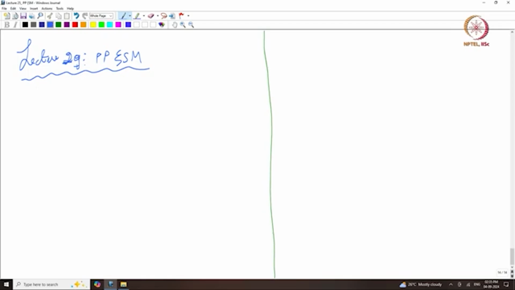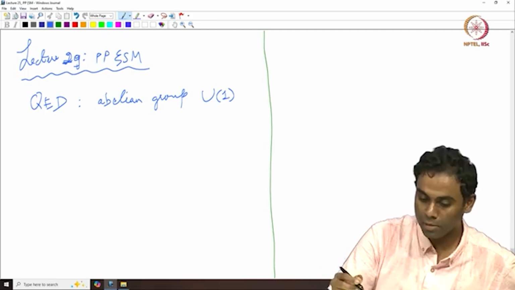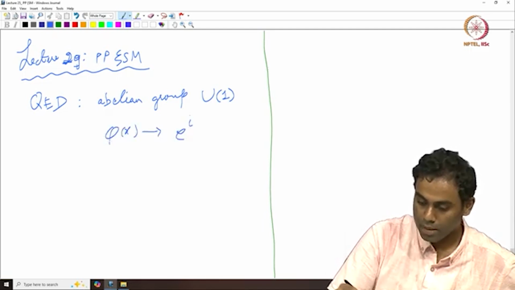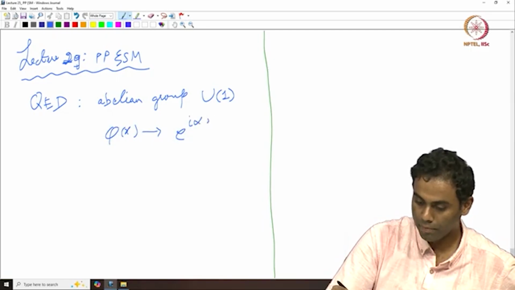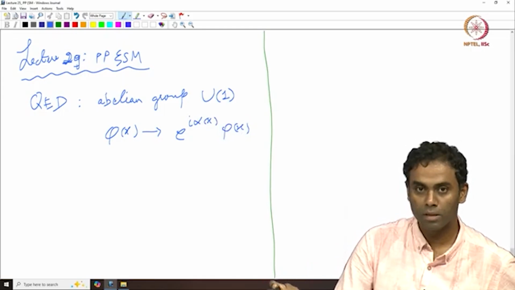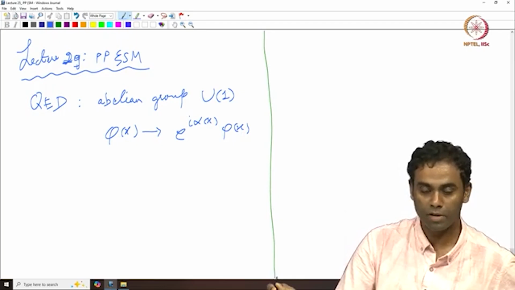What we've seen thus far as QED corresponded to gauge invariance under an abelian group. What is that group? We saw this in the very first lectures. That's nothing but U1, the unitary group of one dimension. This is exactly why we were able to do simple rephasings of the field and call them the gauge transformations, correct.